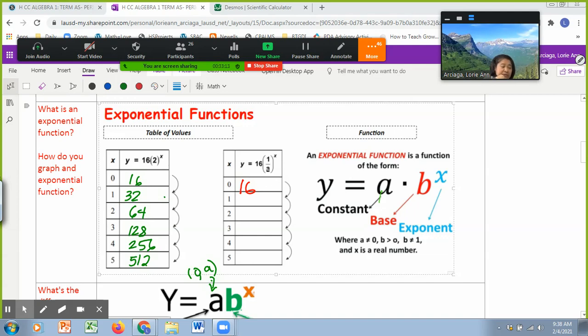What's your factor or multiplier this time? 1/2. So you're not going to double. What are you going to do this time? You're going to divide by 2. So if it's 2, you multiply by 2. If it's 1/2, you multiply by 1/2, meaning you divide by 2. So what's the next number?